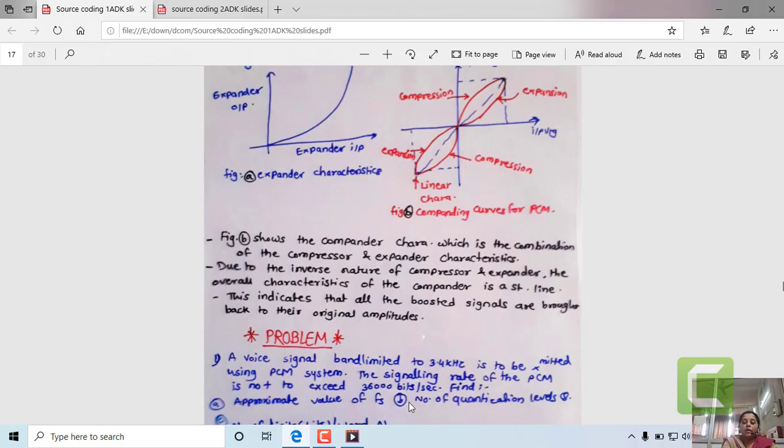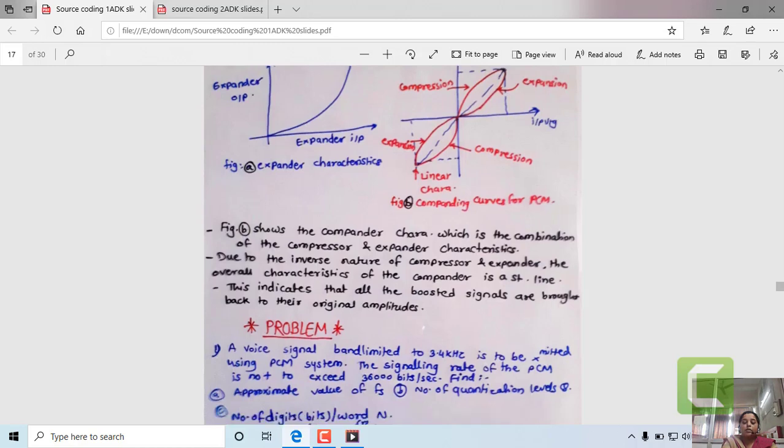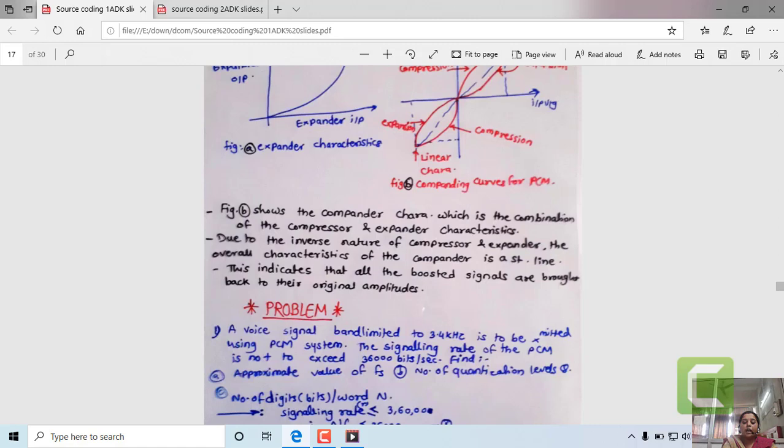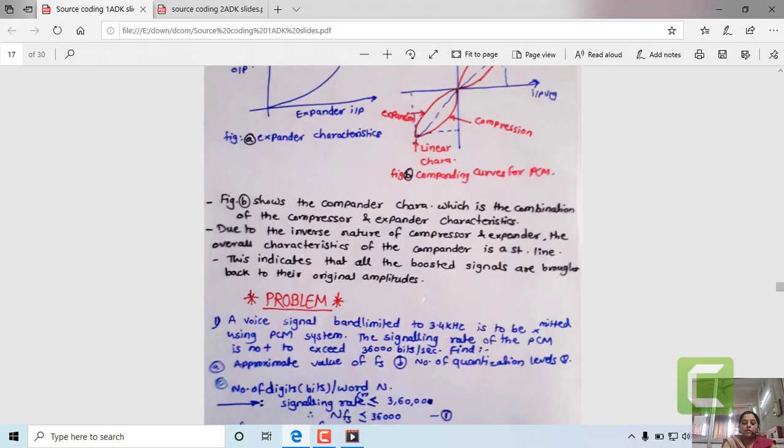Now from these system inputs, we have to find the value of Fs, the number of quantization levels, and the number of digits used per word, that is the capital N. We know that the sampling rate is always greater than or equal to twice Fm as per the Nyquist criterion, for getting proper recovery of the signal.